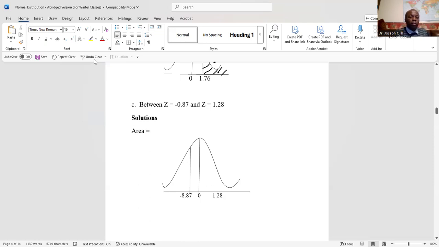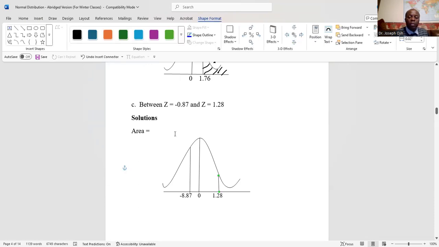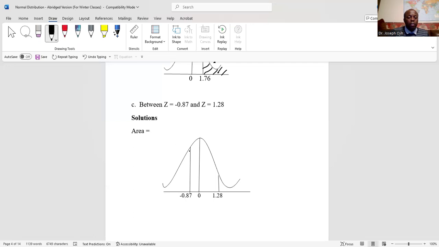For 1.28, we put the line for it. It says the area between them, that means the probability between them. So between negative 0.87 and 1.28, between them means shared between them. So we're going to share it.